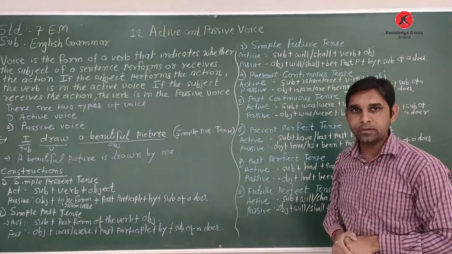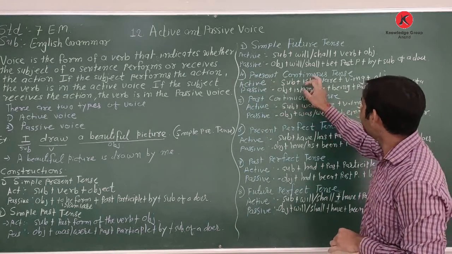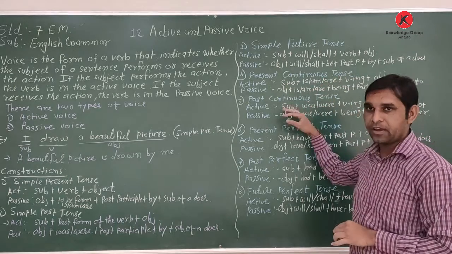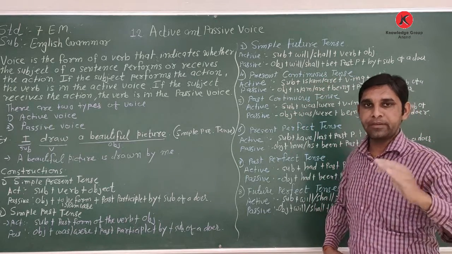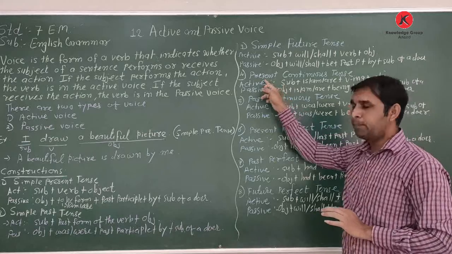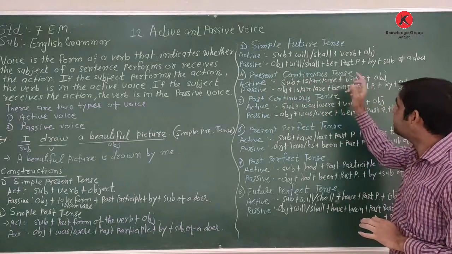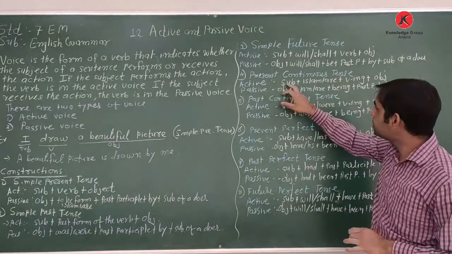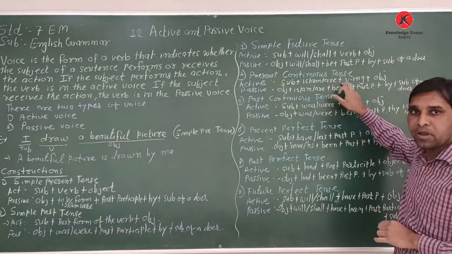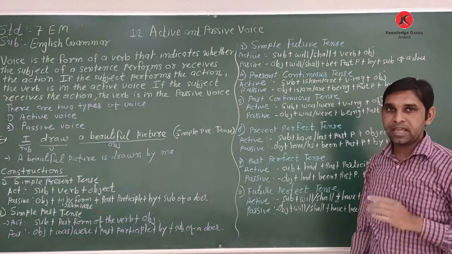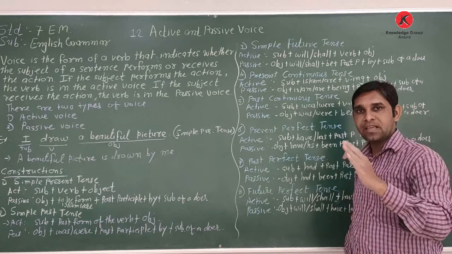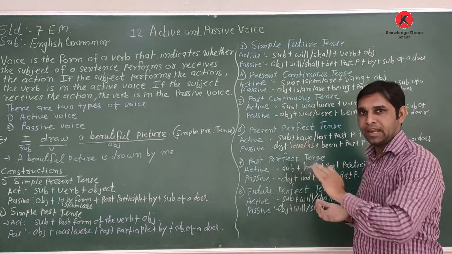Now comes to the fourth one. Present continuous tense and future continuous can be changed from active into passive. So now comes to the continuous. Present continuous tense, in the active structure: subject plus is/am/are plus verb with ing plus object. The example: he is writing a letter.